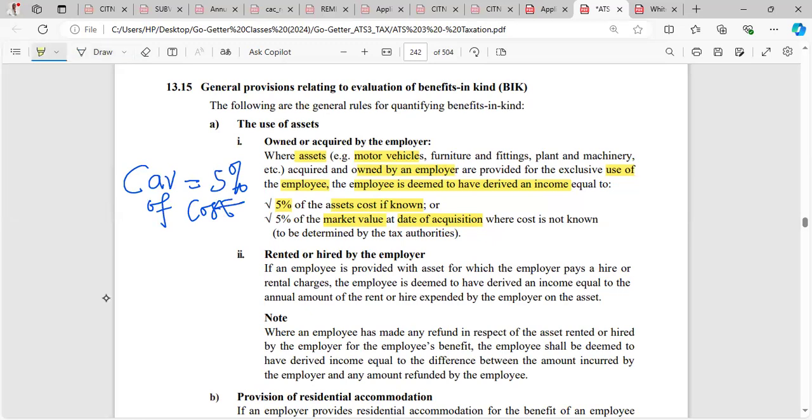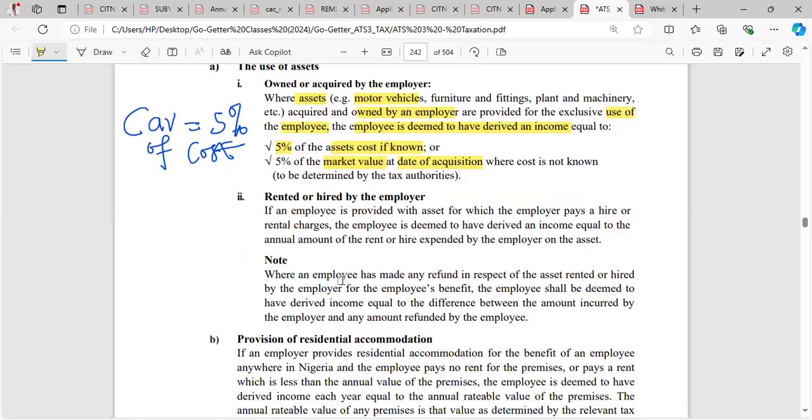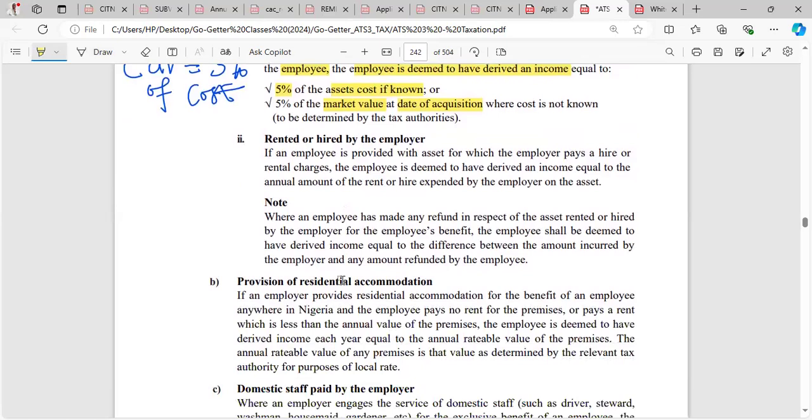Now, if an employee is provided with assets where the employer has paid a hire or rental charge, that rental charge is going to be seen as the income of the employee. If they hire a car for the employee, it is different from when they buy the car. They hire the car and the employee is enjoying the car.